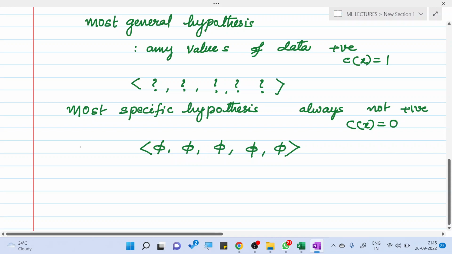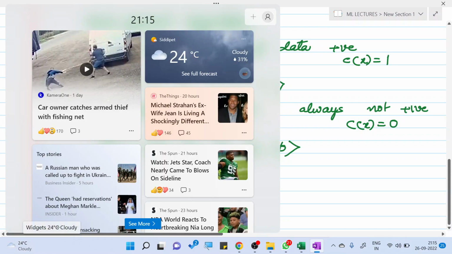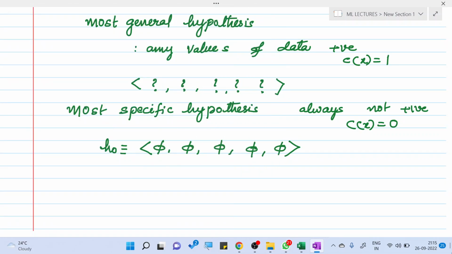So, in the Find-S algorithm, we start with the most specific hypothesis. This is the most specific hypothesis. Then, based on this most specific hypothesis, we take each positive example and go on updating our hypothesis.